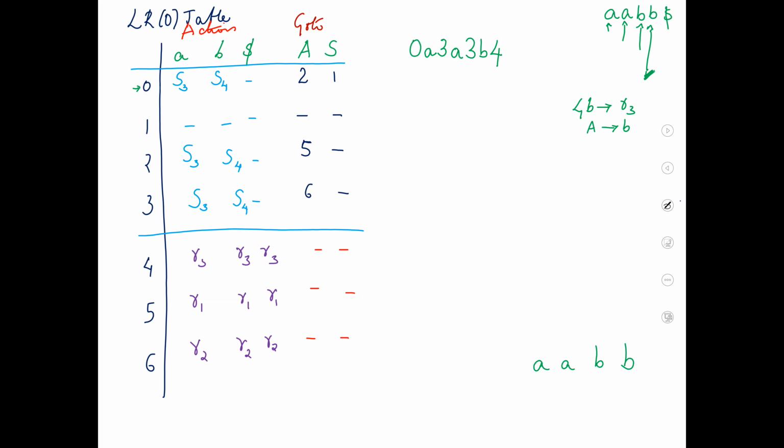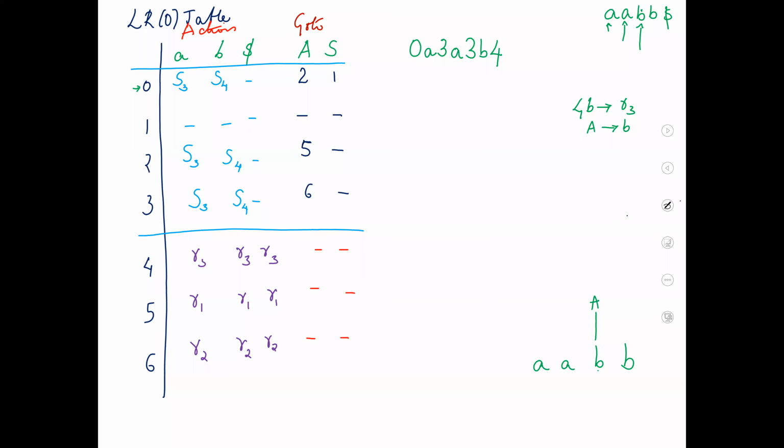Just look at the previous one and check whether you have a b. Yes, I do have a b over here, which means that particular b has to be reduced into an A. In case I do not have a b just previous, you cannot reduce it to capital A, which means your string could be invalid. So I have now reduced that b with a capital A.